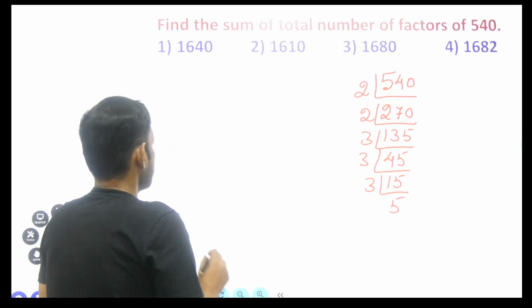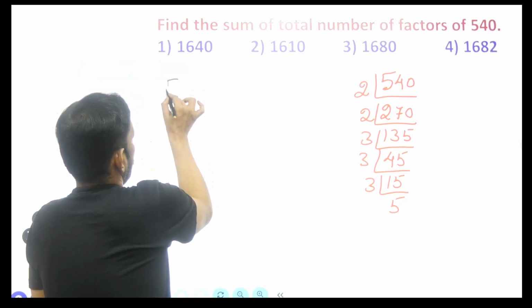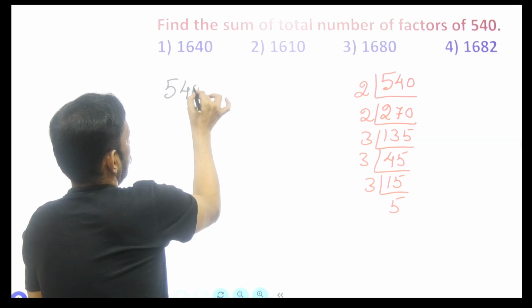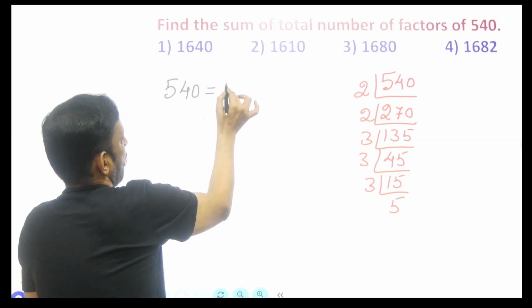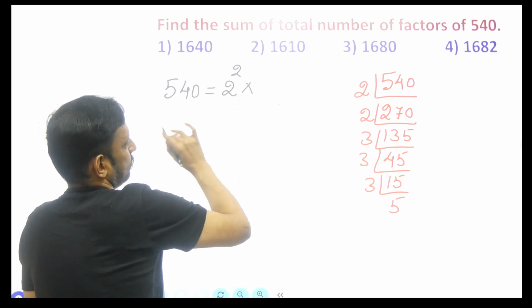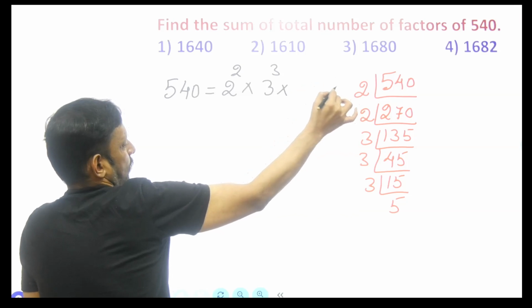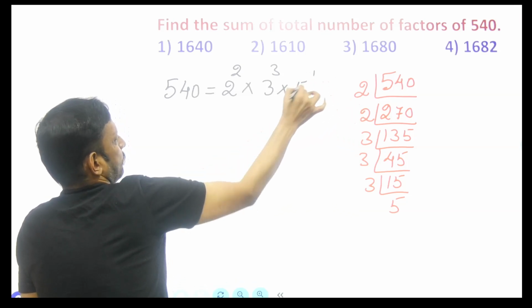Now I can represent that number. What is that number? 540 is equal to the product of prime factors, so 2 square into 3 cube into 5 power 1.